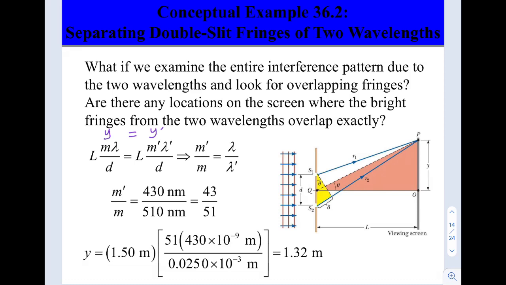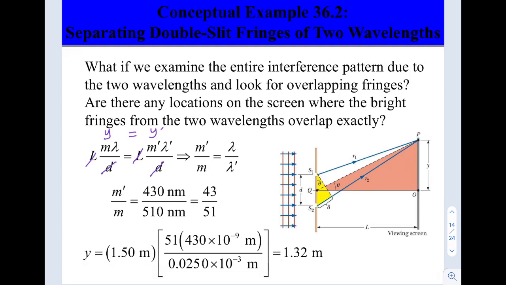So from here, substitute the equation of y and the equation of y prime with lambda m times L over d. Here we can simplify this because the L is the same, the d is the same.